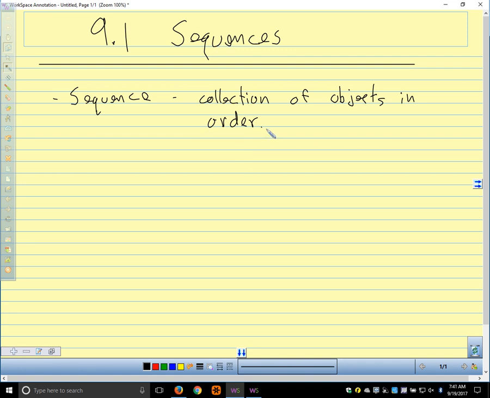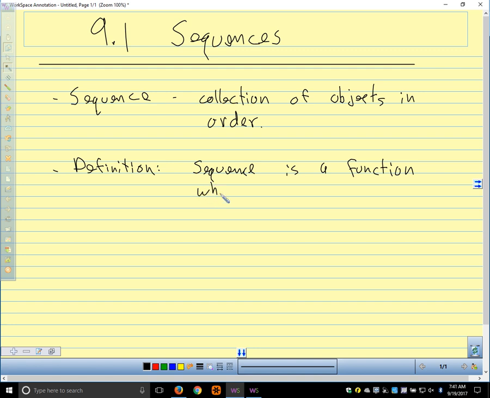The definition that we're going to use, the one our book uses, is that a sequence is a function. Defining it as a function is going to be useful in terms of the things that we do with sequences.